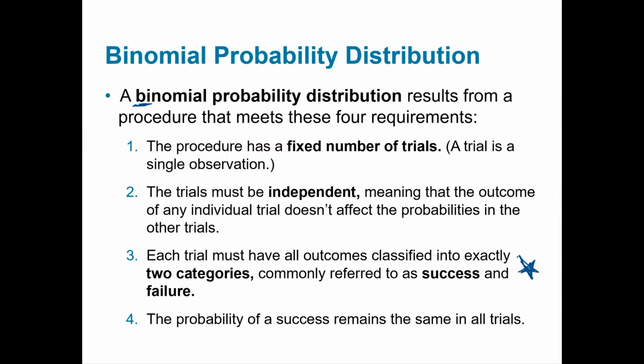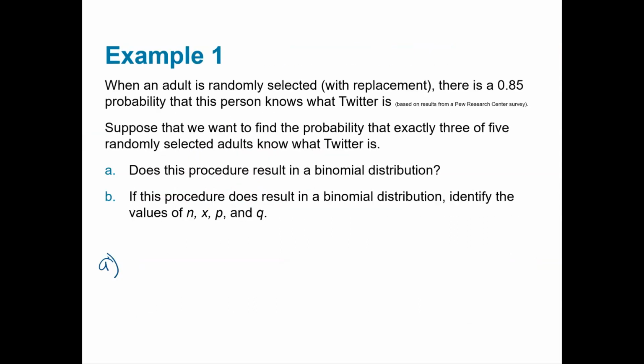So the procedure has a fixed number of trials. Is there a fixed number of trials? And yes, 3 of 5. We're going to ask 5 people, so yes. The next thing we want to know is, is it independent? And it said with replacement, or in general, sometimes you can assume based on the story that yes. And the next one is, are there 2 things, success and failure?